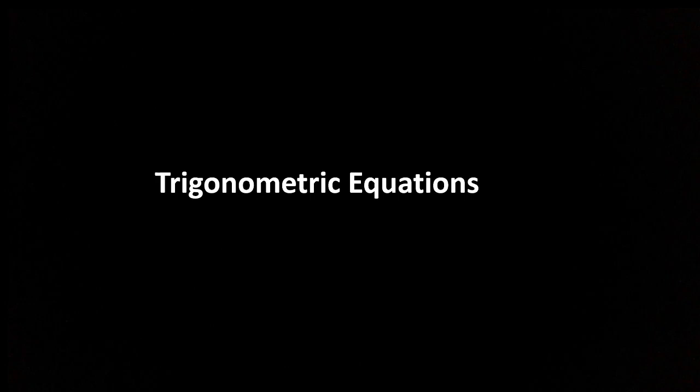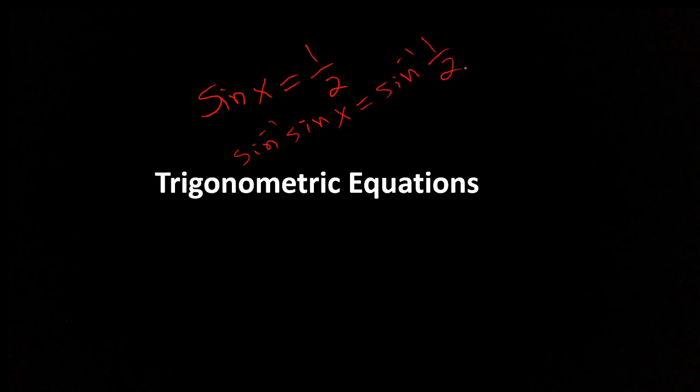So a basic trigonometric equation is something like sine, one of the trig functions, let's say for example the sine function, equals some number. So in order to get x by itself, you need to take sine inverse of both sides. So we end up with x equals sine inverse of 1/2.